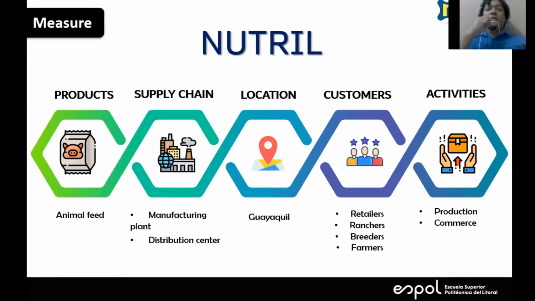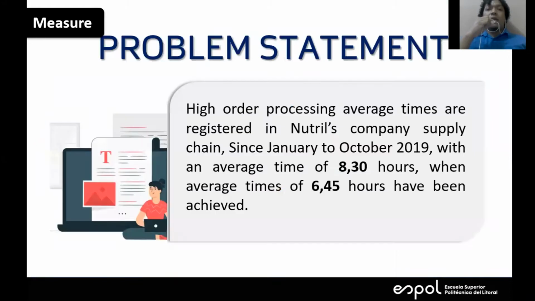Its location is in Guayaquil, and the problem statement is that high order processing times are registered in Nutrif's company supply chain from January to October 2019, with an average time of 8:30 hours when an average time of 6:45 hours has been achieved.